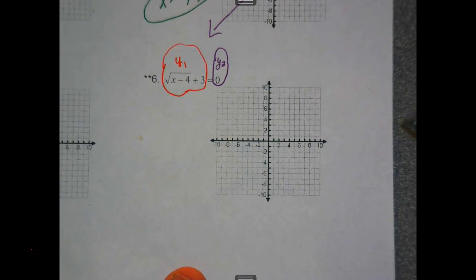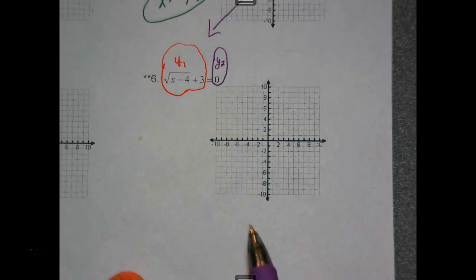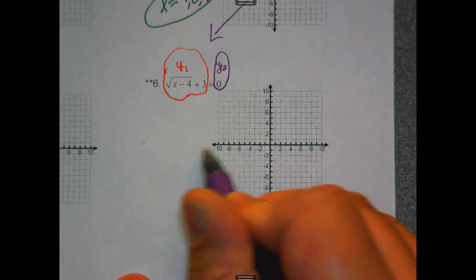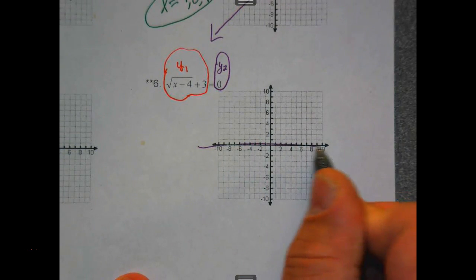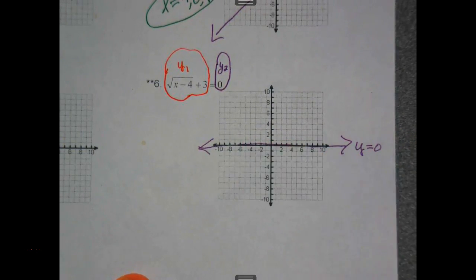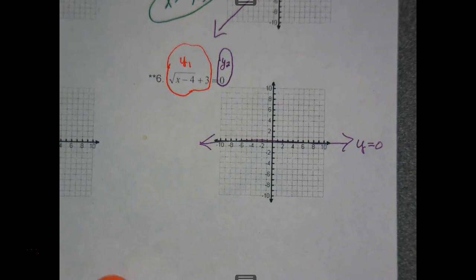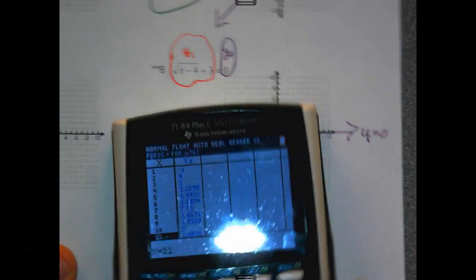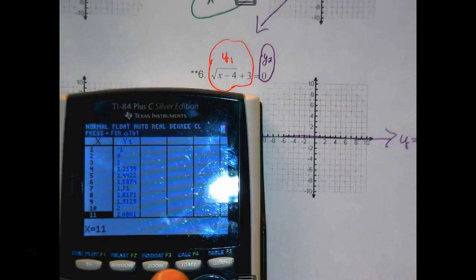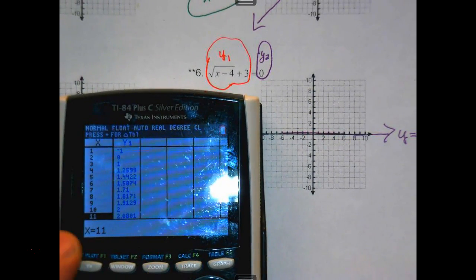All right, y equals 0. What is the line y equals 0? Remember, it's horizontal. It's the x-axis. That's y equals 0. Okay, let's graph the other one. I think it's a little more complicated, so put it in our calculators.